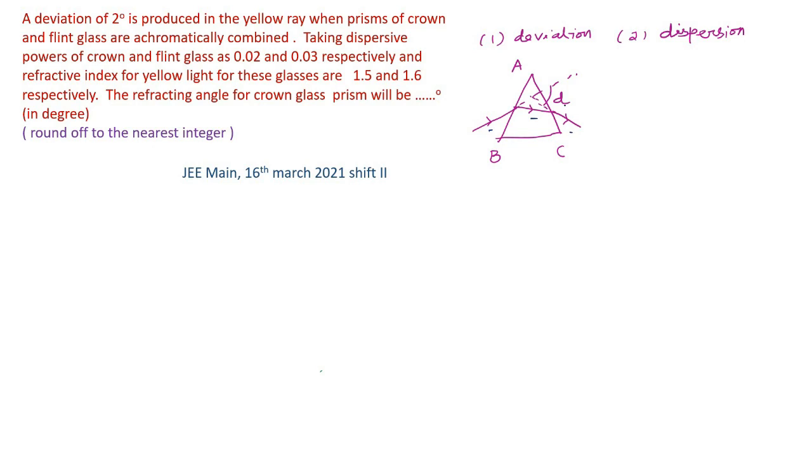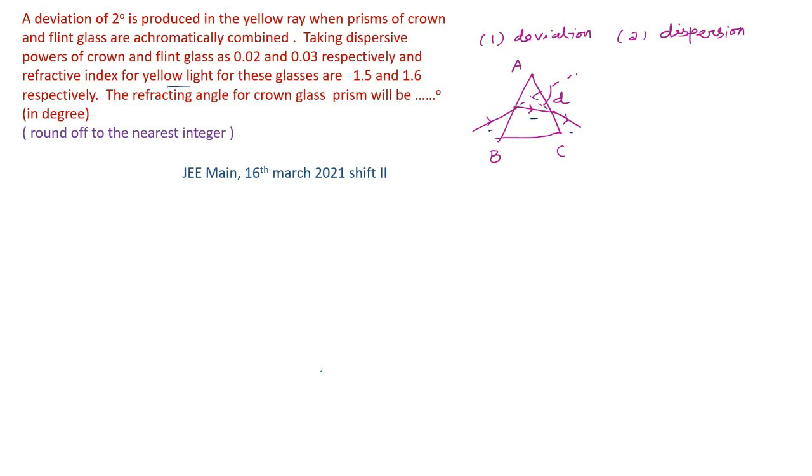This deviation depends on colors. For violet color, we say D sub V; for red color, D sub R. Mean deviation is for yellow light. The deviation and refractive index for yellow light are considered as the average or mean values.